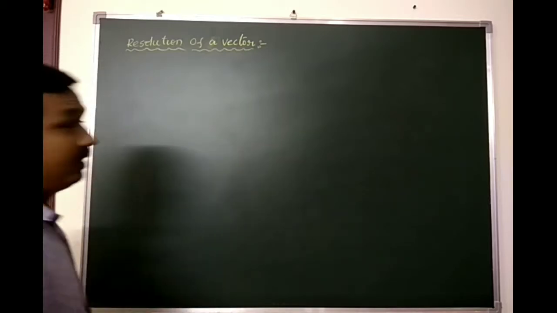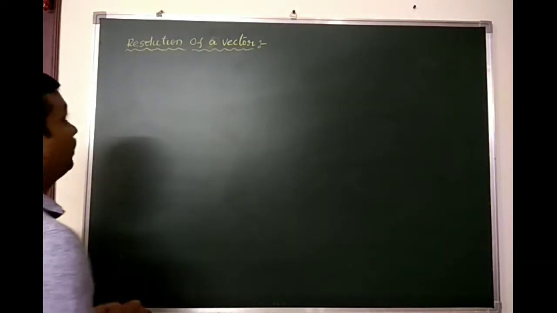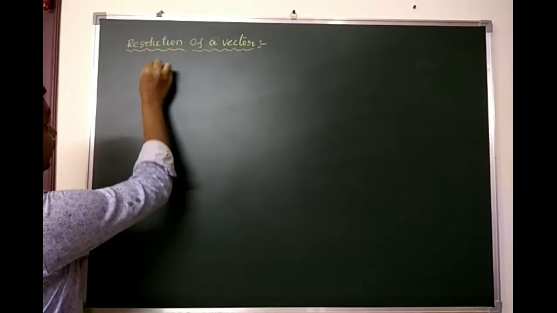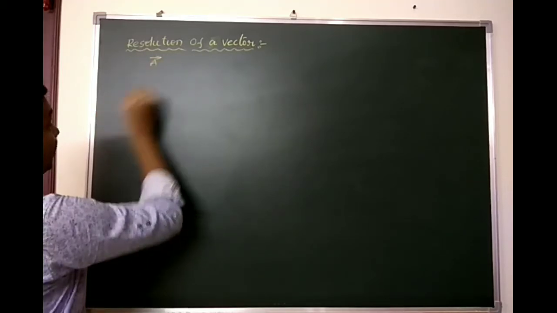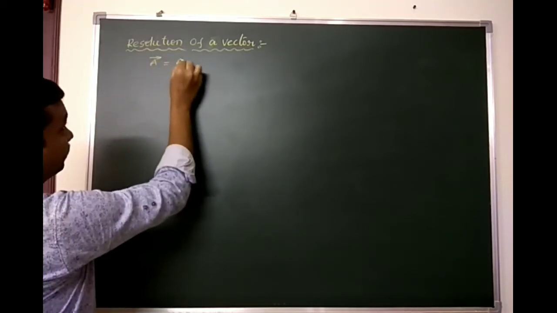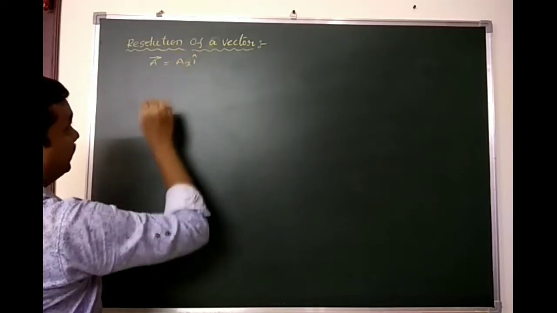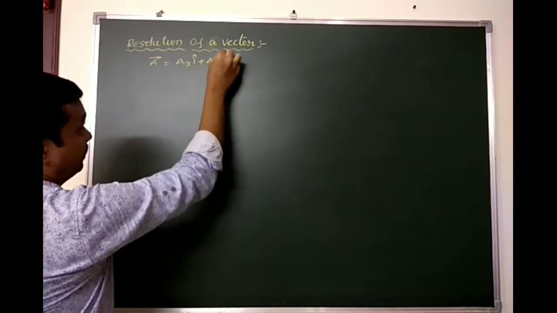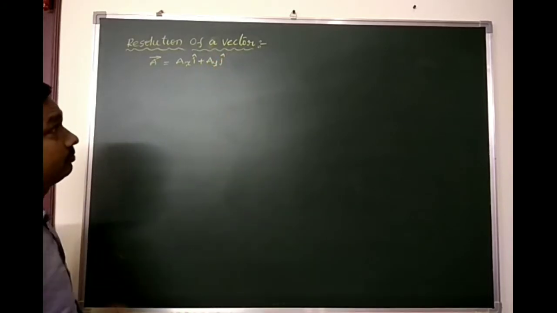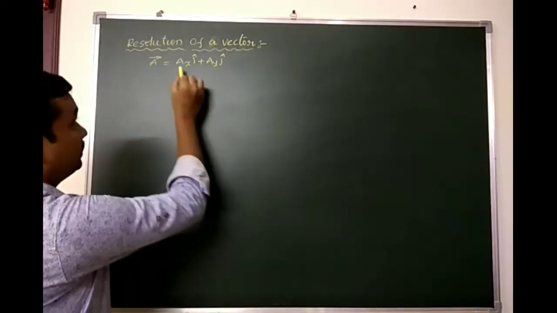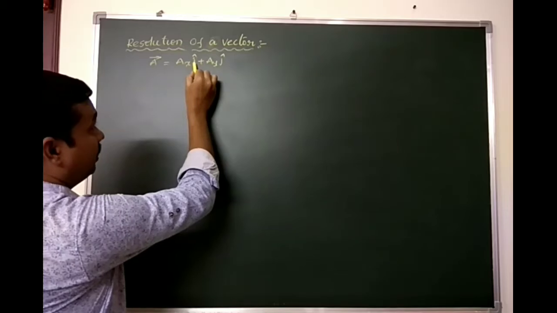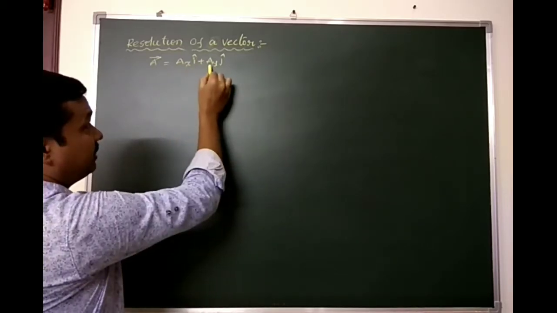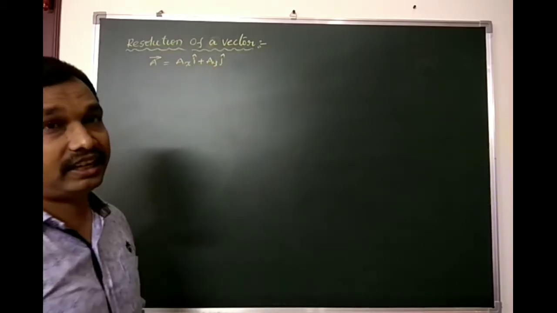Right now we are taking one vector, A bar is equal to Ax i cap plus Ay j cap. Ax is the magnitude along the x direction, Ay is the magnitude along the j direction.